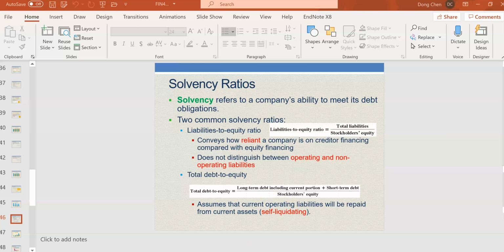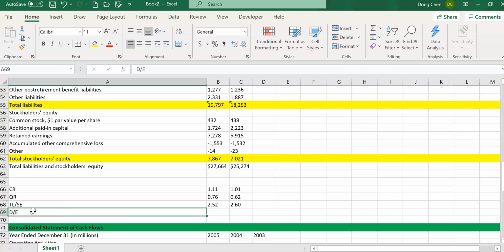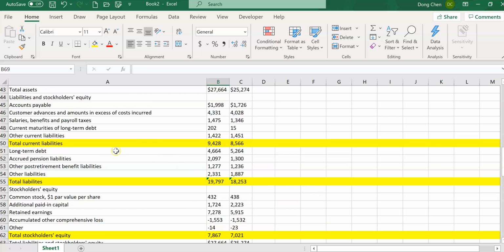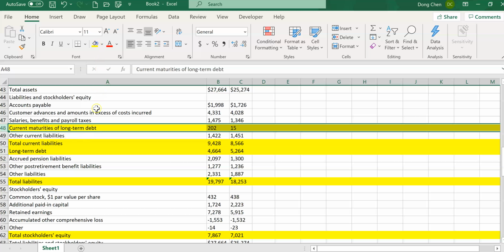So now let's go back to the Excel sheet. This is how the debt to equity ratio is defined. First, the debt part: we need the long-term debt, right? And then we also need the current maturities of long-term debt, because that's also interest bearing.